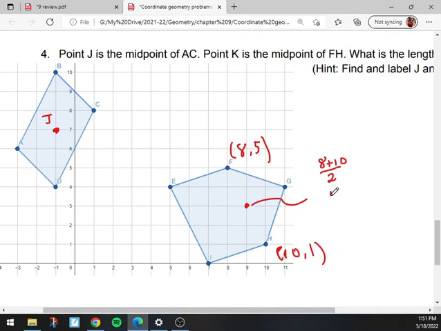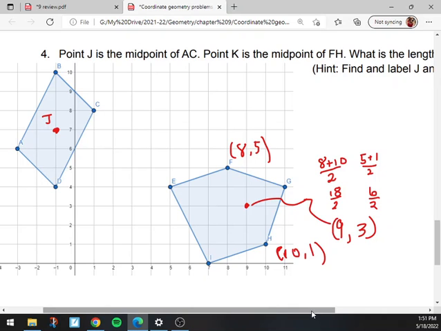So 8 plus 10 is 18, divided by 2 is 9. So our x coordinate would be 9. And then our y coordinate, you add up the y's and divide by 2, which is 5 plus 1, which is 6, divided by 2, which is 3. And that does match this point right here. So that would be a way to do that with evidence.